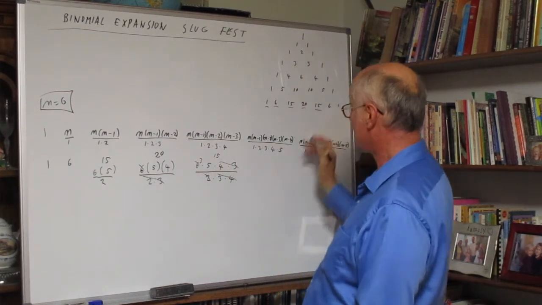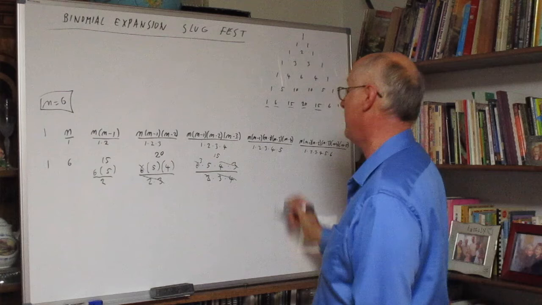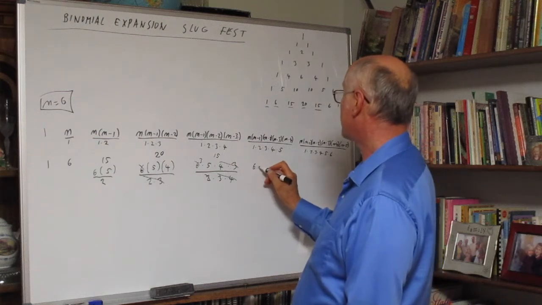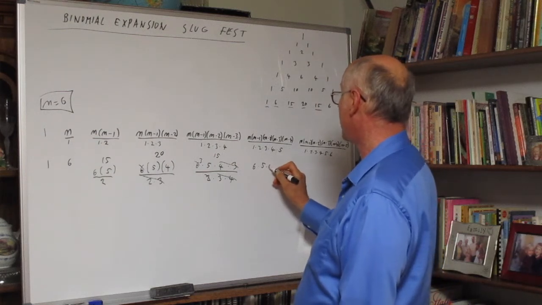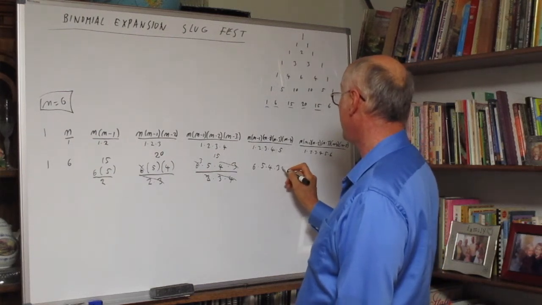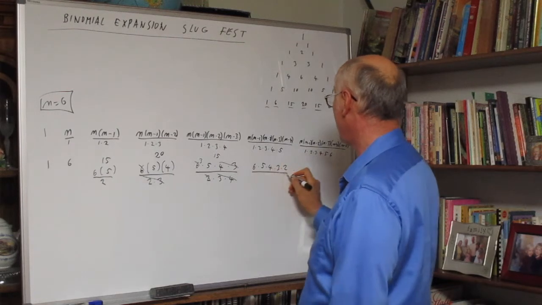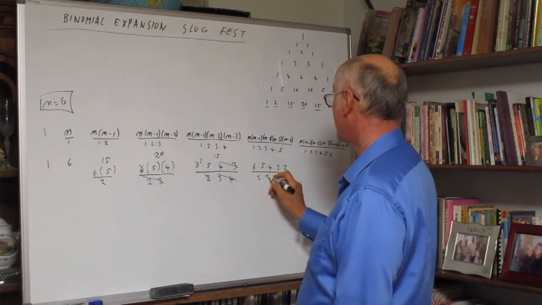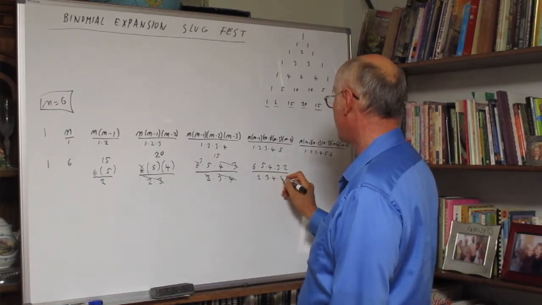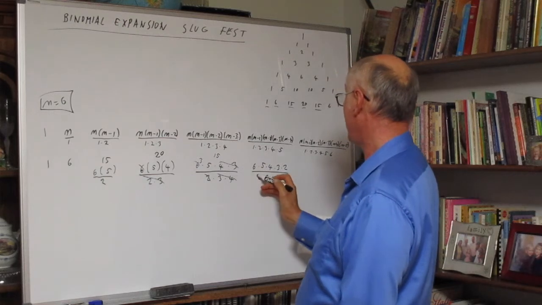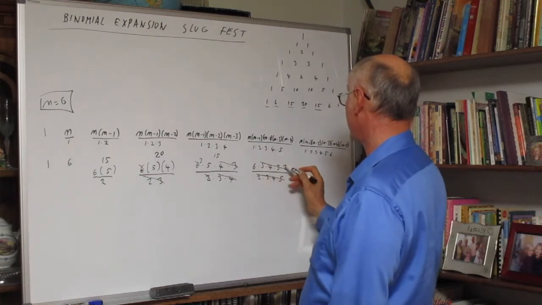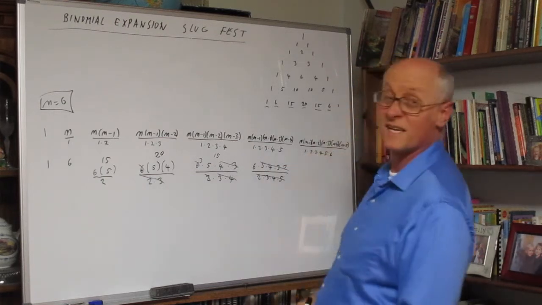That checks out. Next factor: 6 times 5 times 4 times 3 times 2 all over 2 times 3 times 4 times 5. Wow, look at that. That just cancels out and you get your 6.